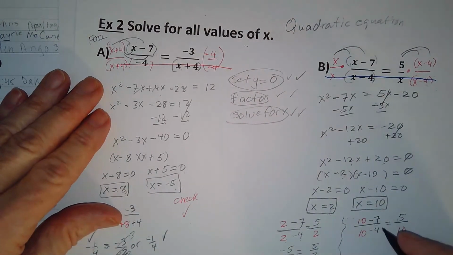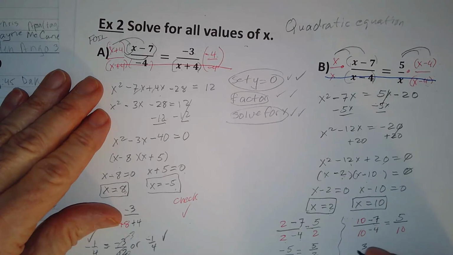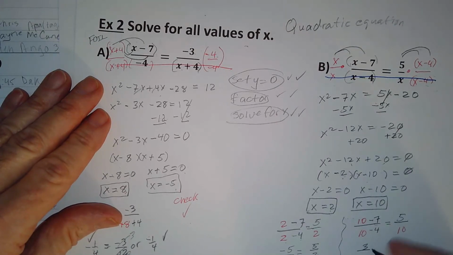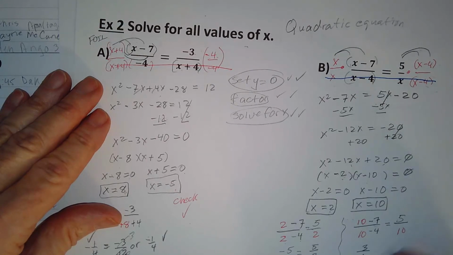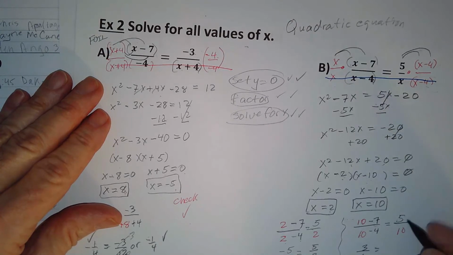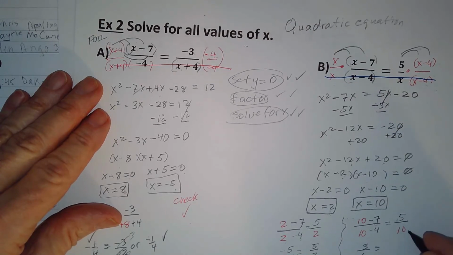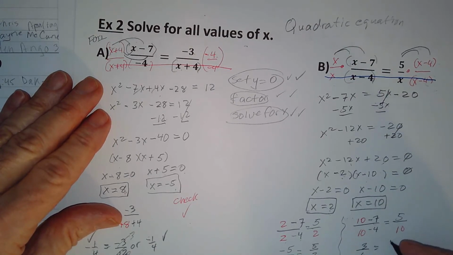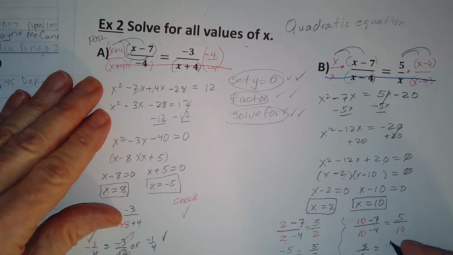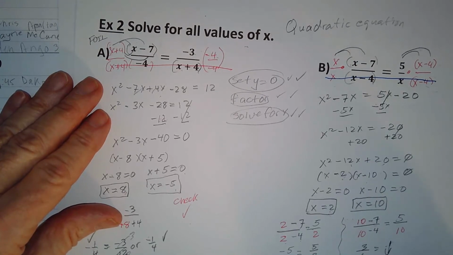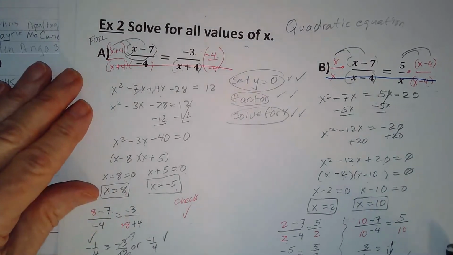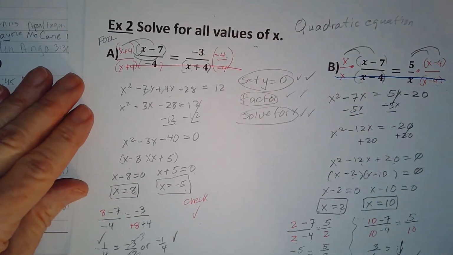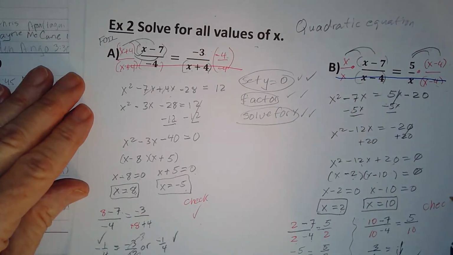So 10 minus 7 is 3, 10 minus 4 is 6, which simplifies to 1/2. Here I've got 5 over 10, which also simplifies to 1/2. So the check is good here and here.